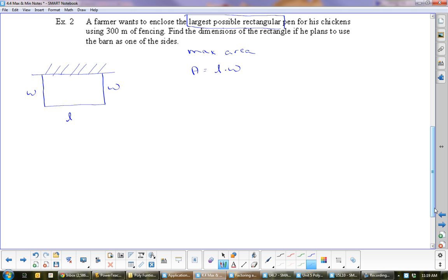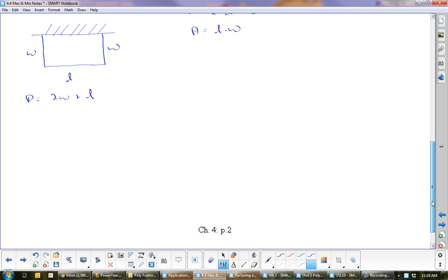But we know that perimeter equals, in this case, 2w plus L. Not 2L plus 2w, which would be for a normal rectangle, but this one side is not being fenced. 300 equals 2w plus L. Got that right from the sentence. And I just subtracted the 2w from each side to get this.